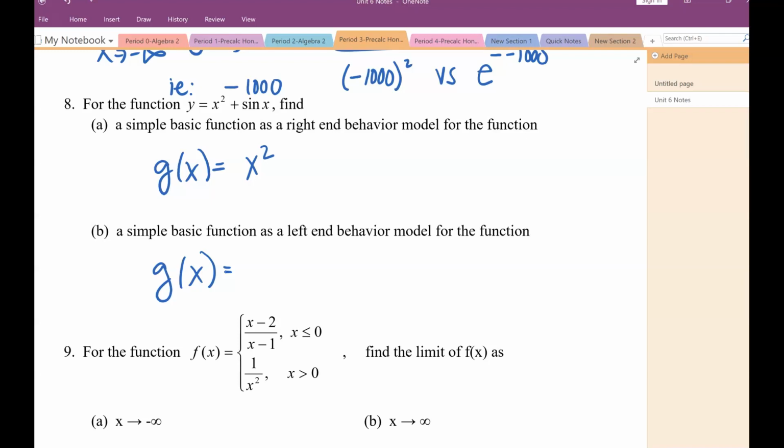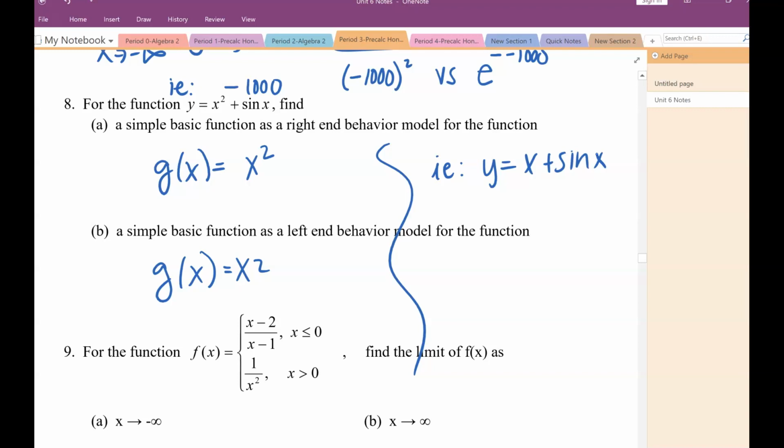Why is it the same? What's the highest the sine is going to get to? 1. Exactly. What's the lowest? Negative 1. And one of my students brought this up, and I want to make sure we agree. Instead of x squared, what if I give you y equals x plus sine of x?